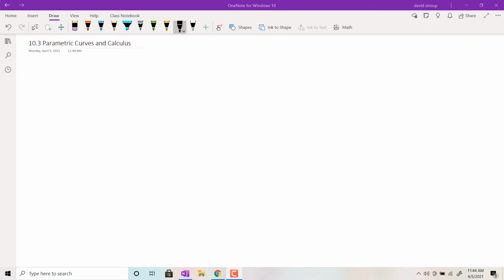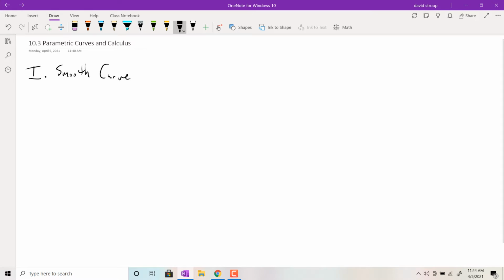Okay, so anyways here, 10.3, basically the derivative. One of the first things we need to get out of the way is the definition of a smooth curve. And basically this is just where the derivative can fail.